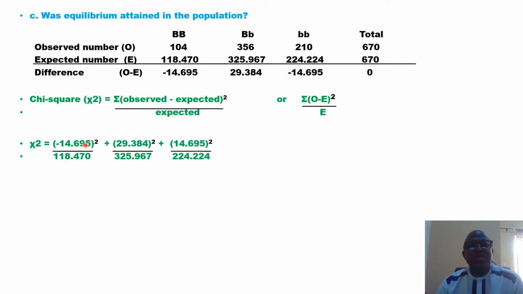So bring it here, square it, divide by the expected. We bring this, square it, divide by the expected, and we take this and square it, divide by the expected. There's something wrong here. This is supposed to be minus 14.695. If you do that, the answer you get is 5.43.